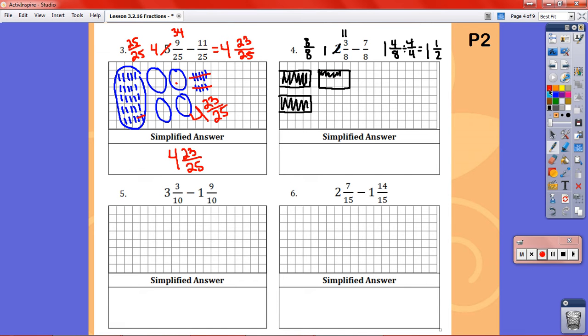Take away 7. 1, 2, 3, 4, 5, 6, 7. So I have 1 whole left and 4/8, which is the same as a half. You can see I just split that in half.